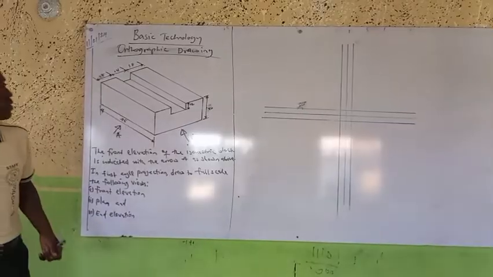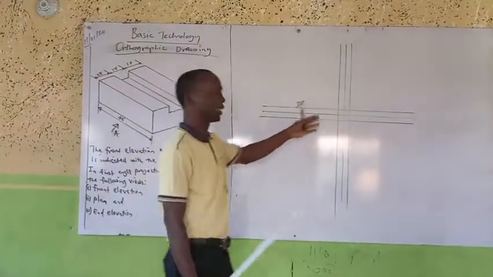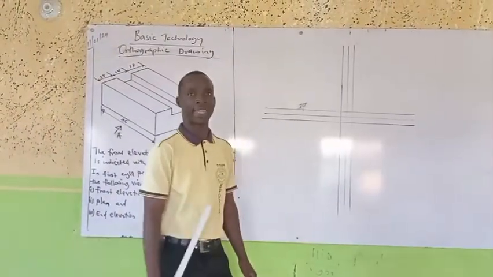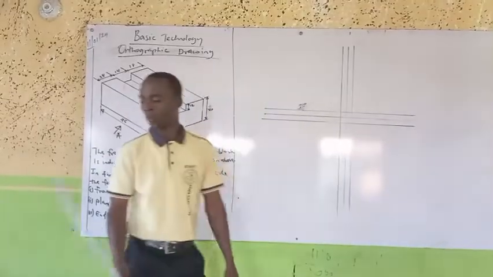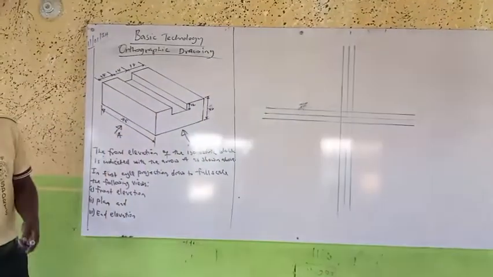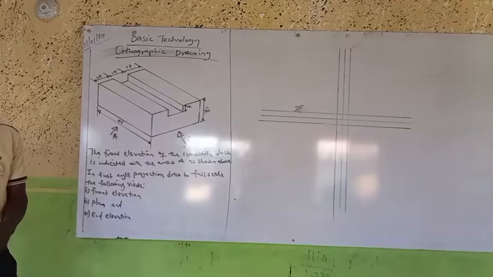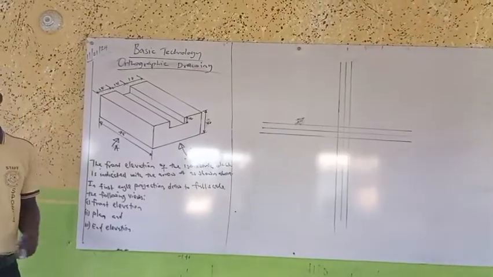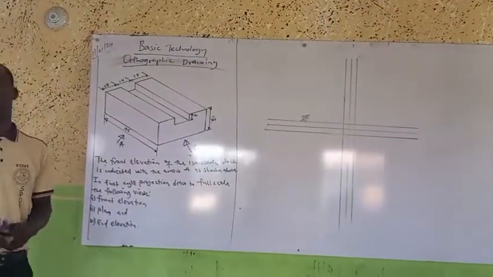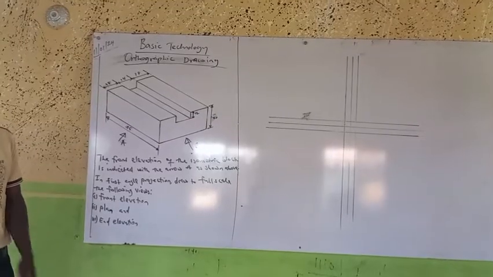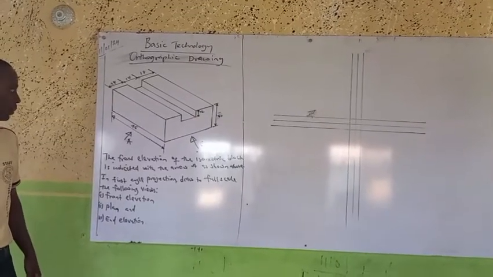Now, I use this blue marker to indicate projection lines or construction lines, while the black ink will indicate the visible outlines of the object that we want to draw.